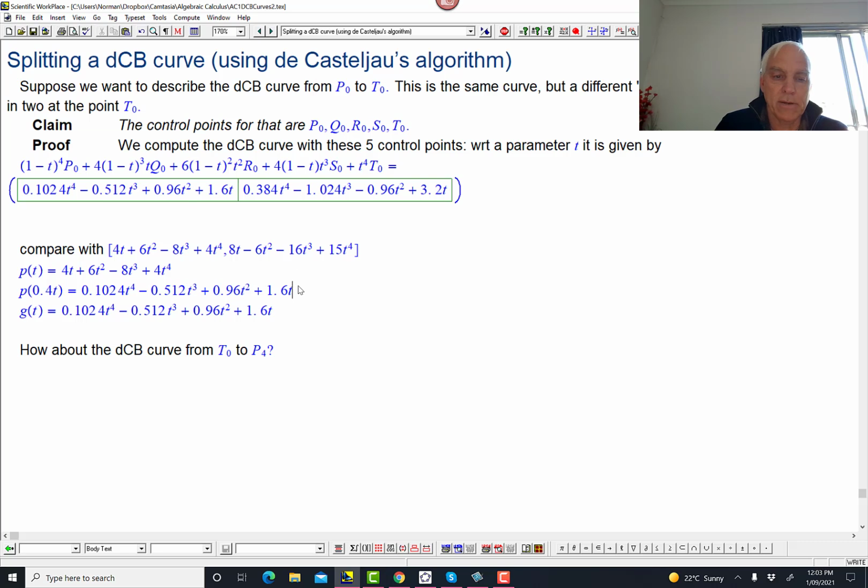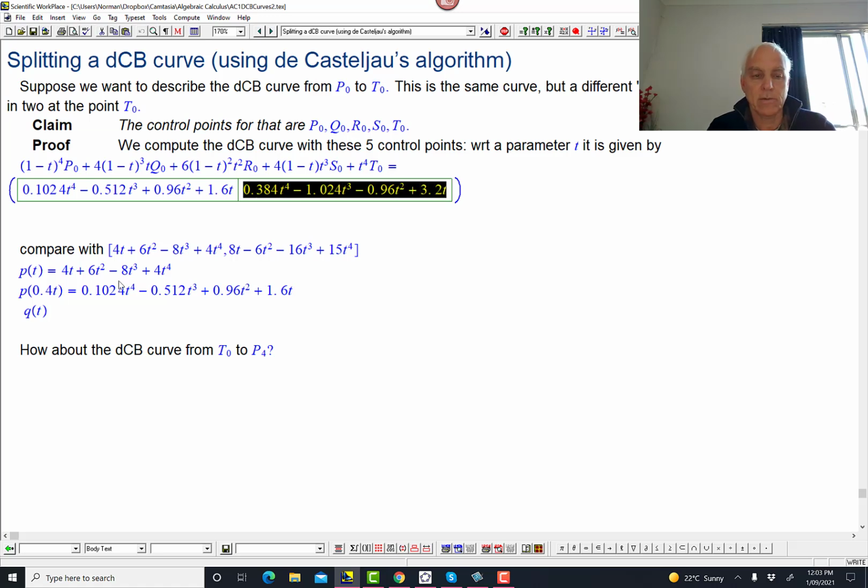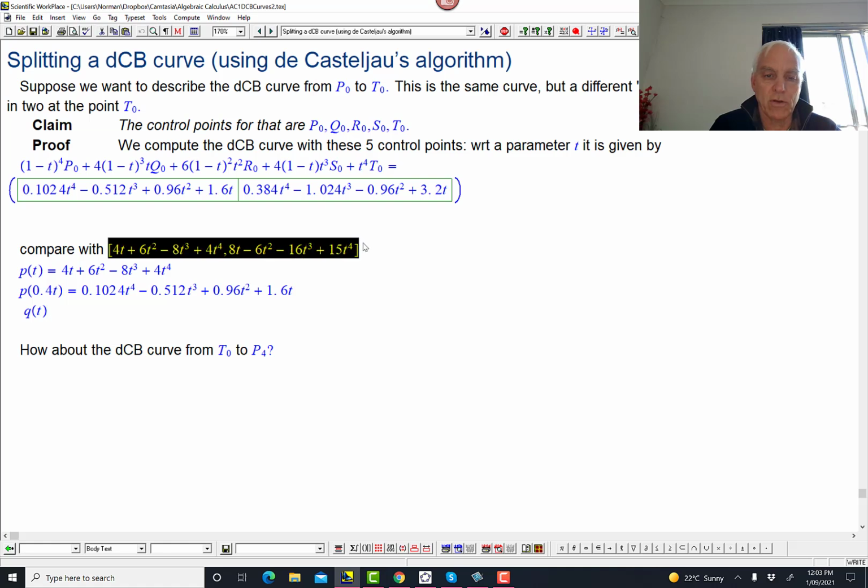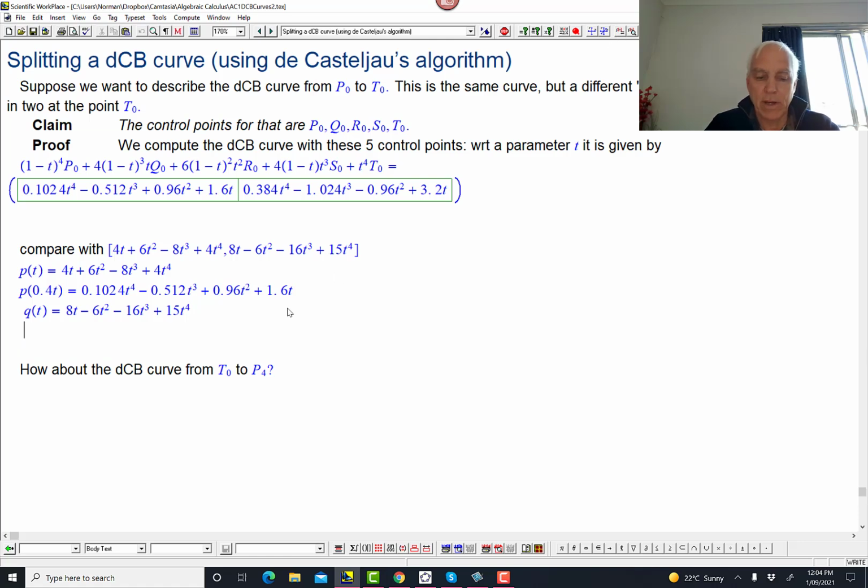And let me also look at Q of t being this one, the second one. Oh, sorry, this one. That's the second one of the original. Great. Okay, we'll make that definition here. And then we're going to evaluate Q of 0.4t.